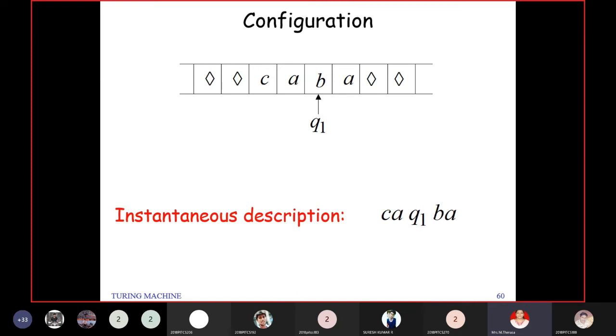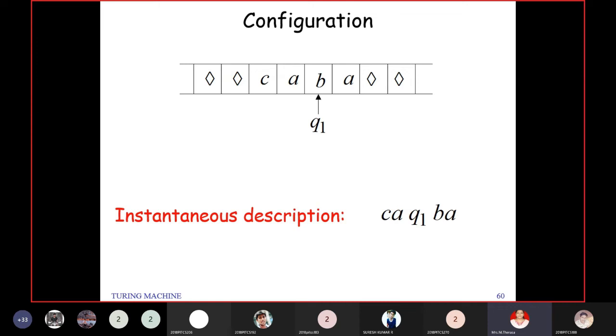So look at here, CA is the string which is at the left hand side of this read write head, and BA is a string where B is the current input symbol and A is the right side of this B. Okay, and Q1 is the current state. So instantaneous description is represented as a string which has 3 components.